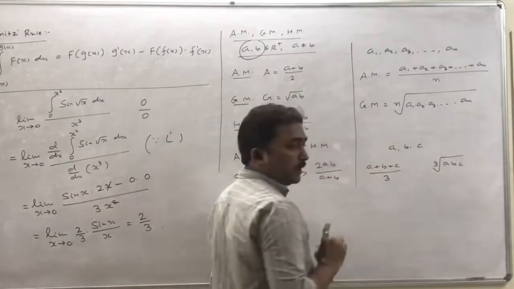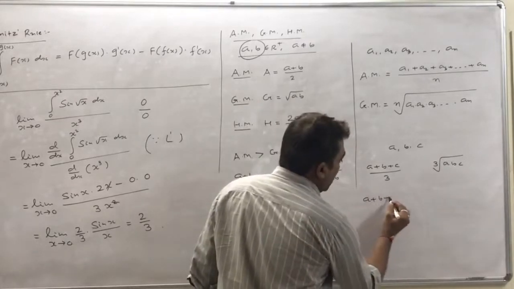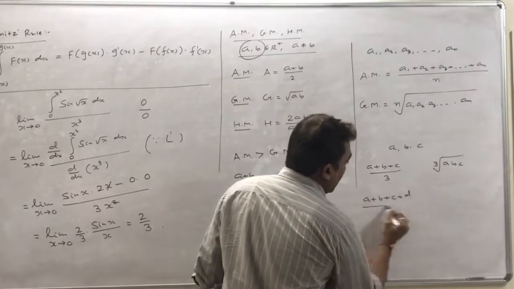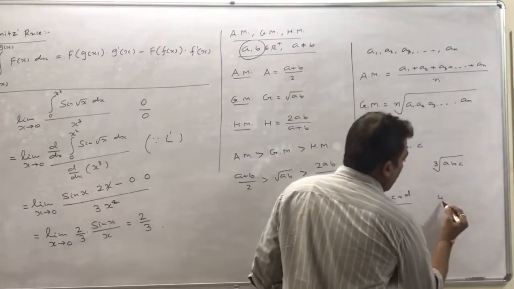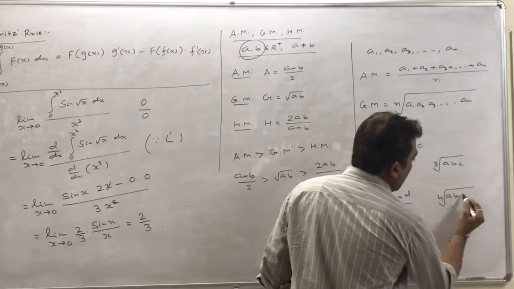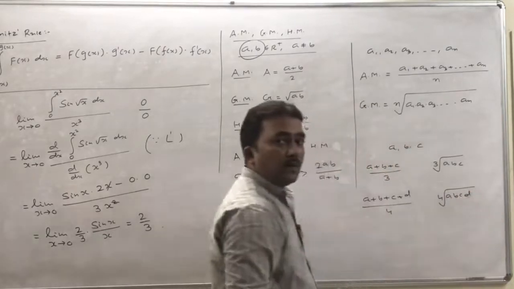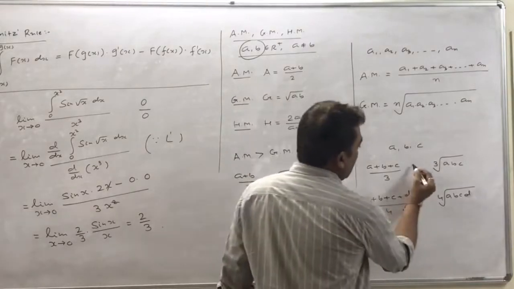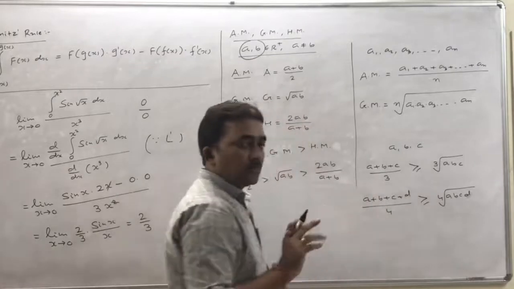Remember this part. Suppose 4 numbers are given, its arithmetic mean is a plus b plus c plus d by 4 and its geometric mean is the 4th root of abcd. Remember this part.